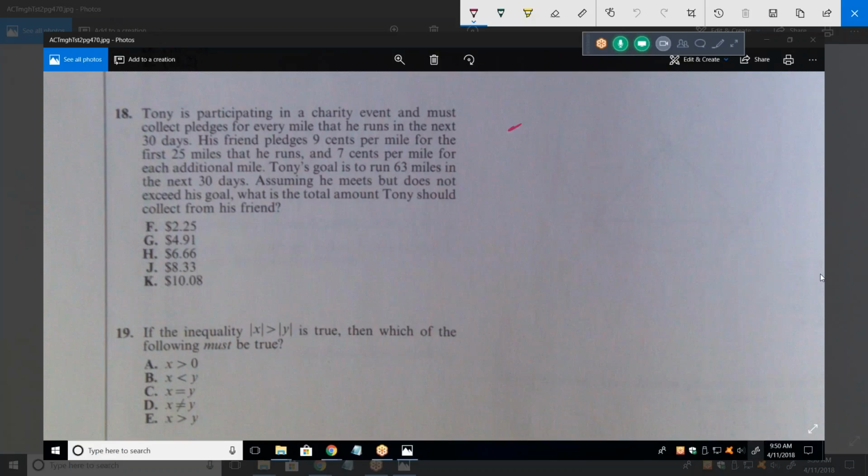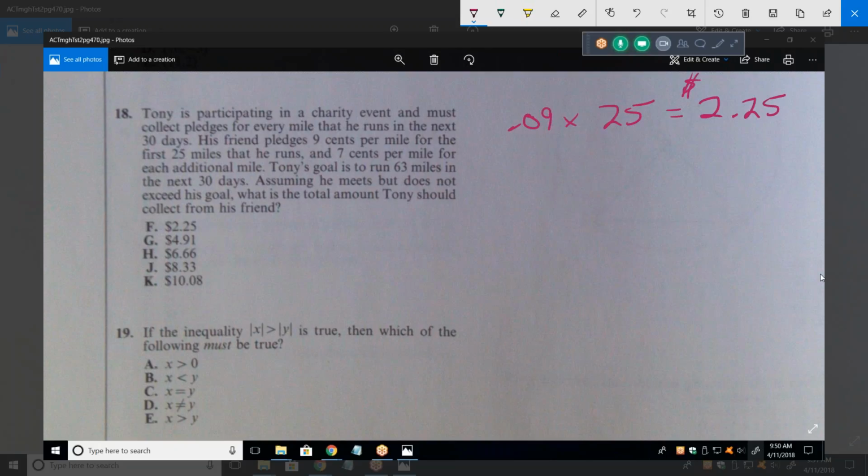What's 0.09 times 25 miles? $2.25. Notice that's one of the trap answers. But that's for the first 25 miles.